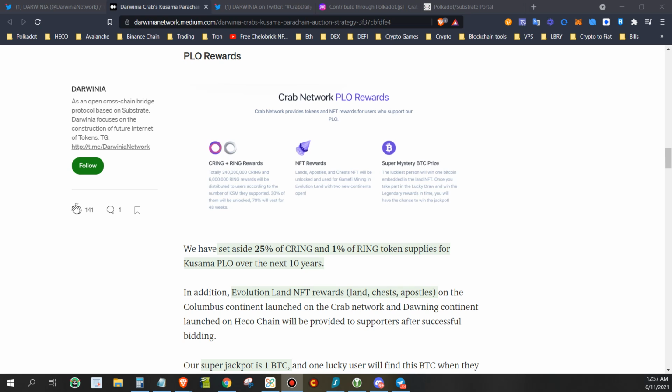I am an admin for Darwinia Network on Discord, and we can see the development. We watch the GitHub. We see what they're doing. They're constantly changing things, constantly working on the code, and it's been resilient for the most part. I see this relentlessness of the developers, and I stand behind developers.